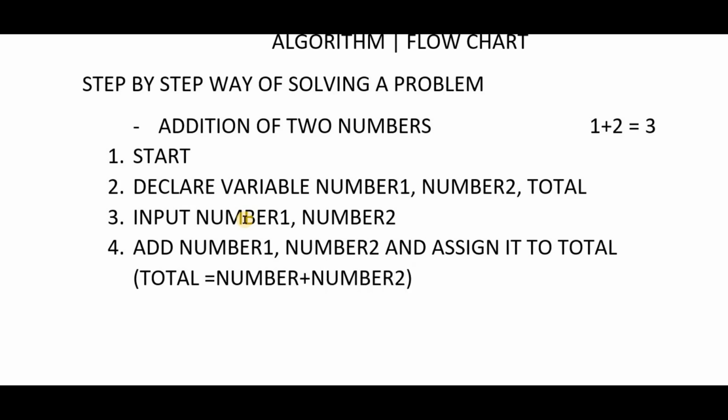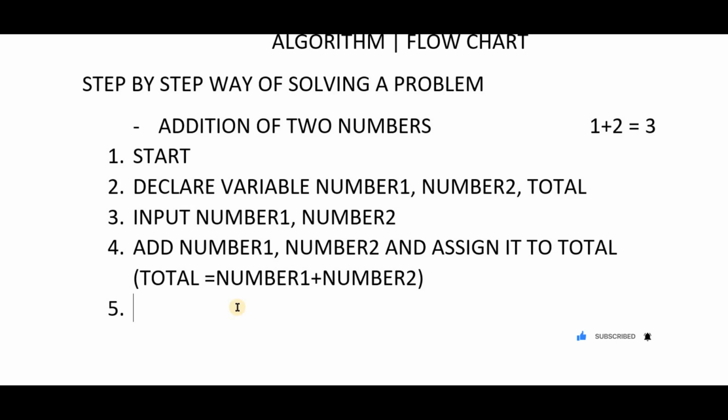Yeah, so this is how it's supposed to be. Add number 1, number 2, and assign it to total, and this is what we've actually done. Yeah, and now we are done.